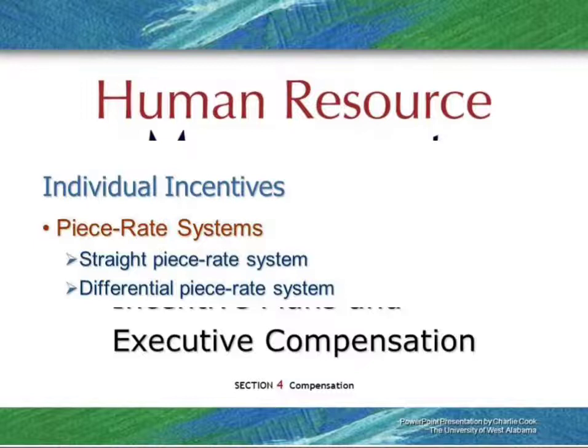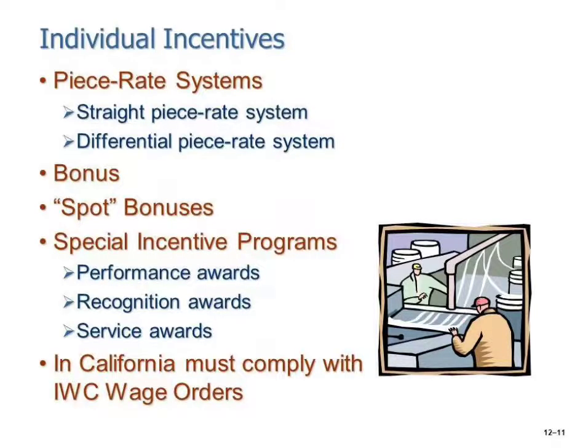Still under piece rate system, we have differential piece rate system, which pays employees one piece rate wage for units produced up to standard output and a higher piece rate wage for units produced over the standard.